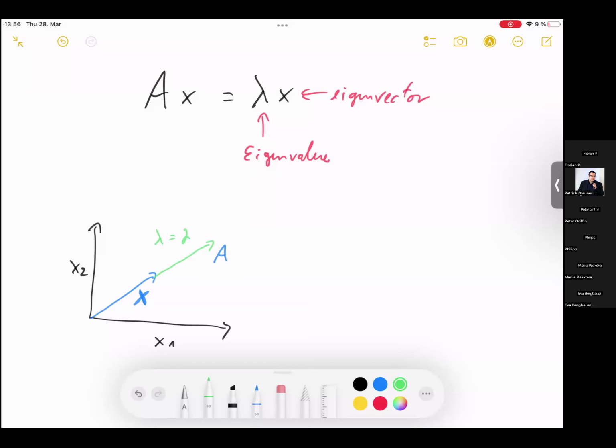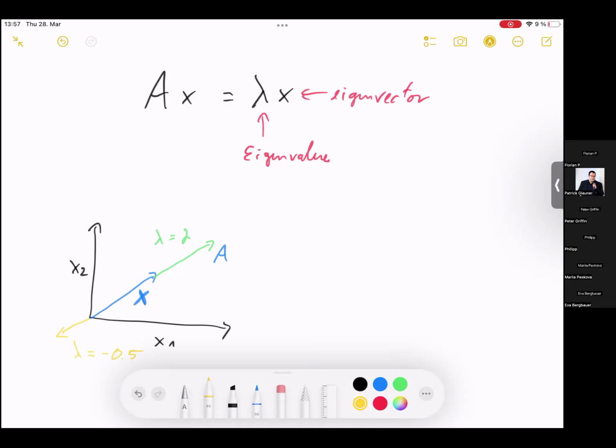Eigenvectors and eigenvalues have lots of other interpretations depending on what you use them for. What can change is in fact the direction, but just in the opposite direction. So for example, if we multiply X with A, then lambda here would be minus 0.5, because we saw it's only half as long, and it points in the opposite direction.